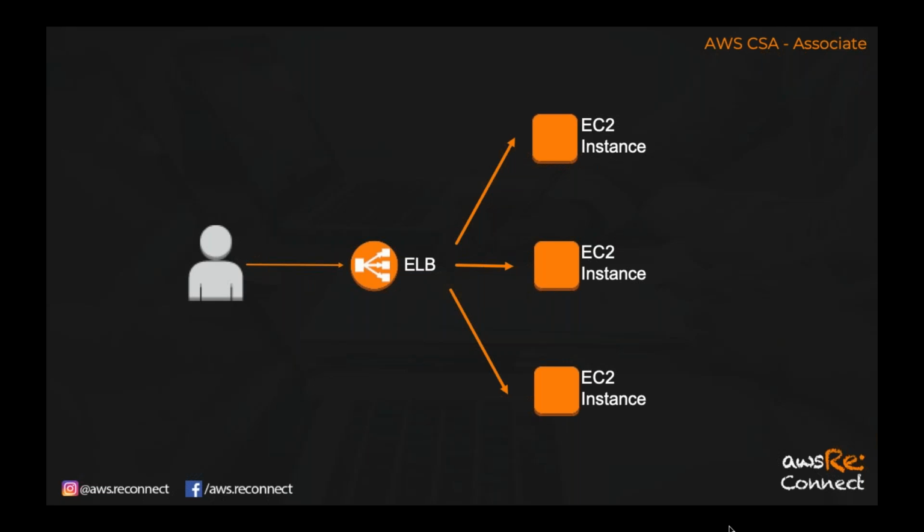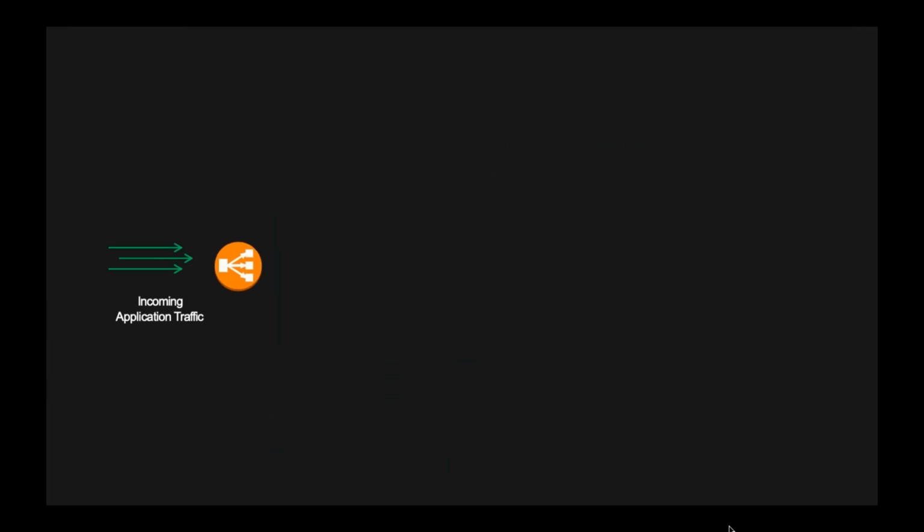Now the important point that you need to remember here is ELB works based on the round robin technique. A round robin technique is something which distributes the traffic equally. For example, if 3 incoming requests are coming, then it will send the first request to EC2 1, then second, then third, and whatever the next fourth or fifth requests are coming, it will send back to EC2 1, then EC2 2, then EC2 3.